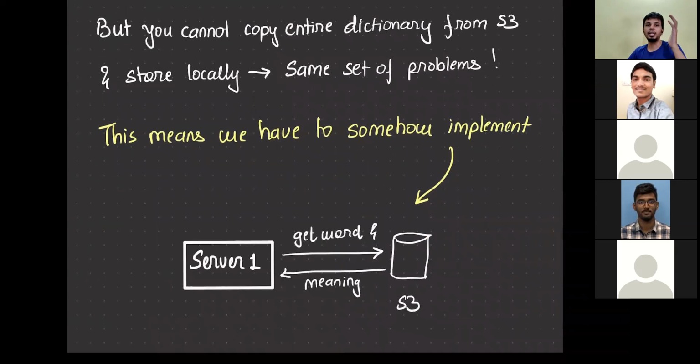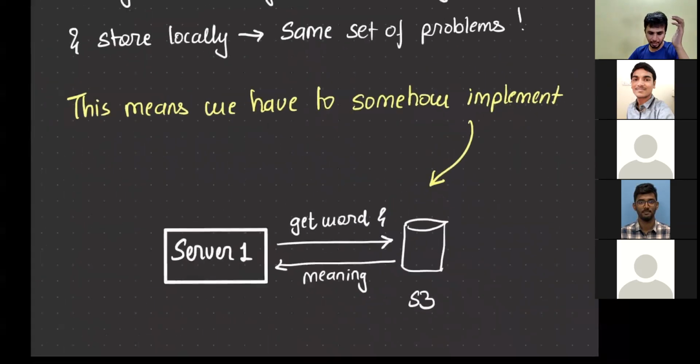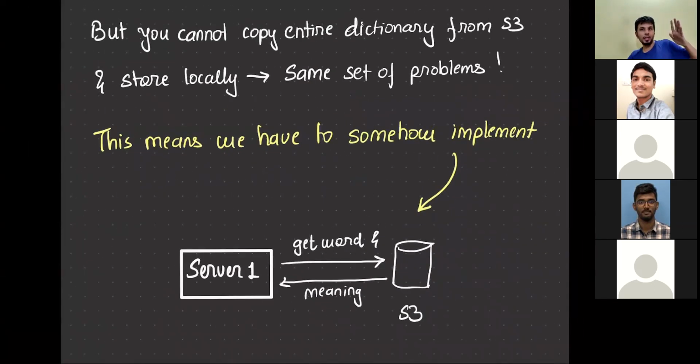So what do we do is somehow have our server directly talk to S3 and get the word and the meanings, something like a network attached storage. Although I've written S3, you can assume anything which is a network attached storage.